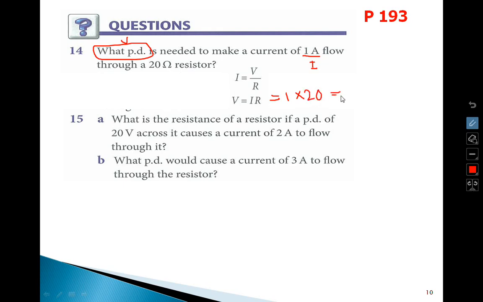So the source of voltage, or power supply, or the cell, is 20 V. We need a 20 volt PD to push 1 ampere through a 20 ohm resistor.